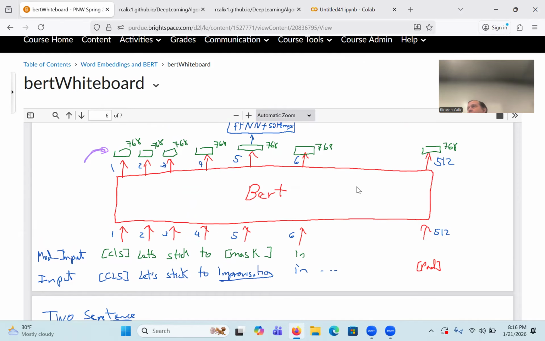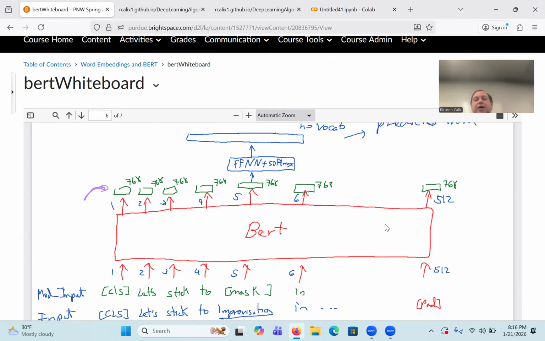Then a whole bunch of matrix multiplications and transformations will happen repeatedly, just like in the GPT. And then at the end, for this sequence of 512, notice it produces 512 vectors of 768, these embeddings. And that's kind of where the encoder was in the original Transformers paper, because they were translating from, let's say, English to Portuguese. So then they would use this sequence in the decoder, in the GPT, to actually generate translations. That was it. But here they've decoupled the encoder from the decoder.